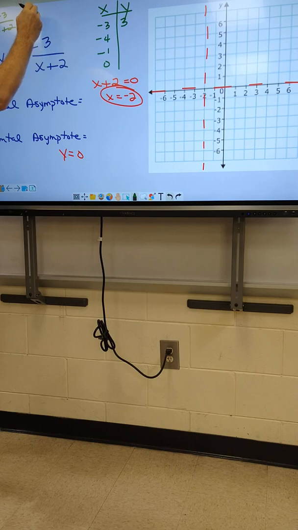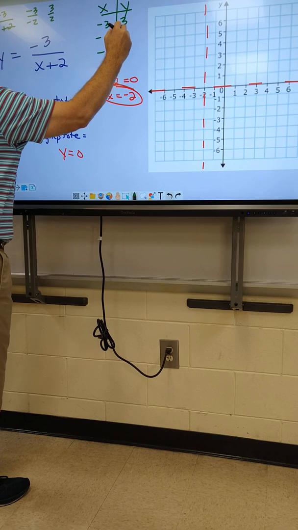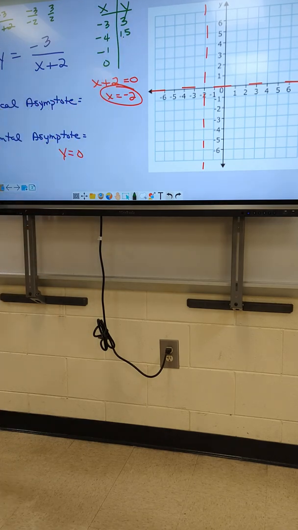I get negative 3 over negative 2. If it gives you a fraction, I want you to make it a decimal. So that's going to be positive 3 over 2. Make it a decimal, y'all should get 1.5. If y'all forgot how to make it a decimal in your calculator, I'll come show you or get somebody to show you.